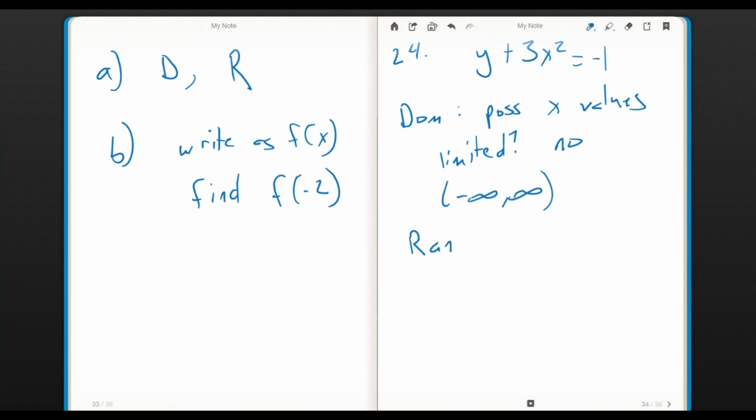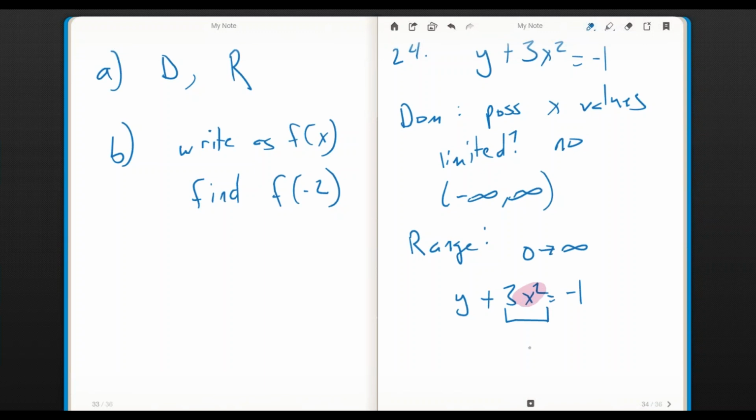Now the range is an interesting one because think of it this way. When I take a number and I square it, there's a limit on the value of x squared. Now x can be anything. It could be negative 50, it could be positive 75, it could be 0, it could be anything. But my value when I square it is going to be from 0 to infinity.